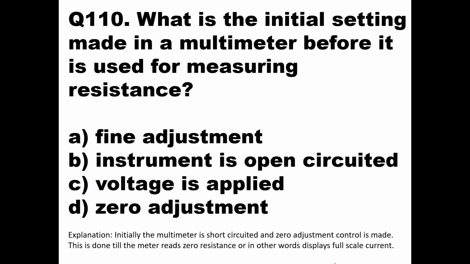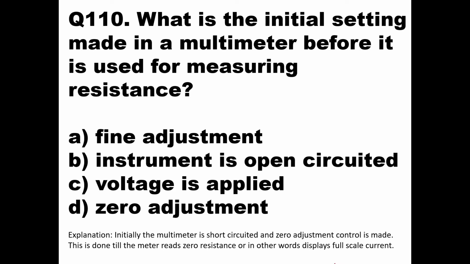Then we'll go to the next question, question number 110. What is the initial setting made in a multimeter before it is used for measuring resistance? Before it is used for measuring resistance, it should be adjusted to its zero reading.